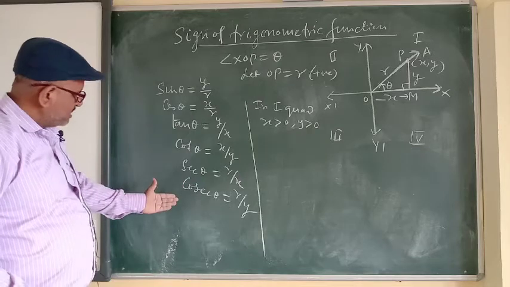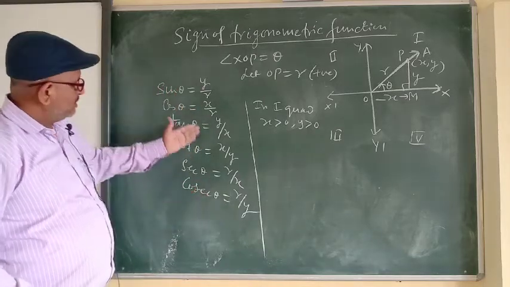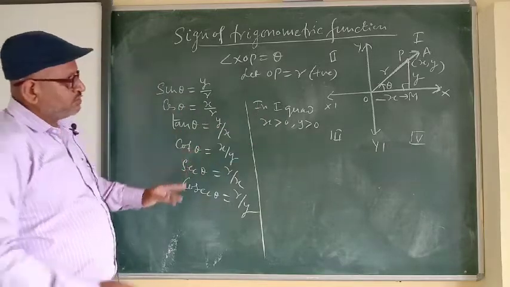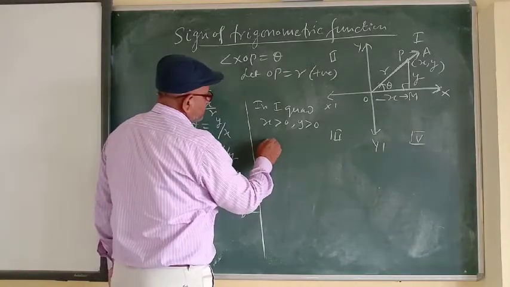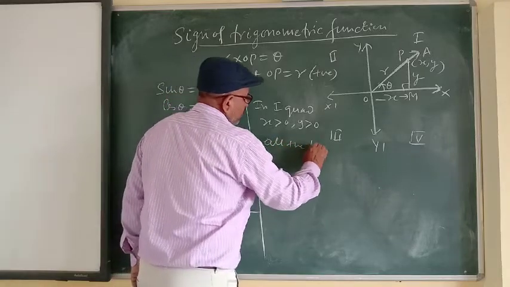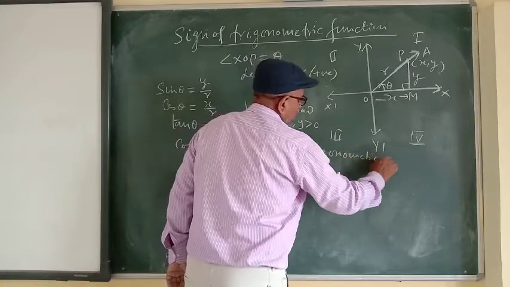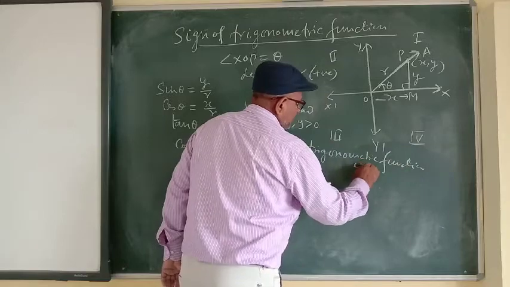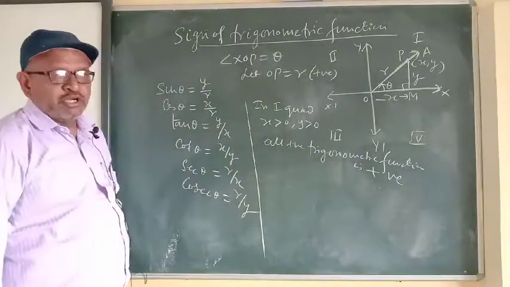All the trigonometric functions are expressed in terms of x, y, and r, and x, y, r all are positive. So in the first quadrant, all the trigonometric functions are positive.